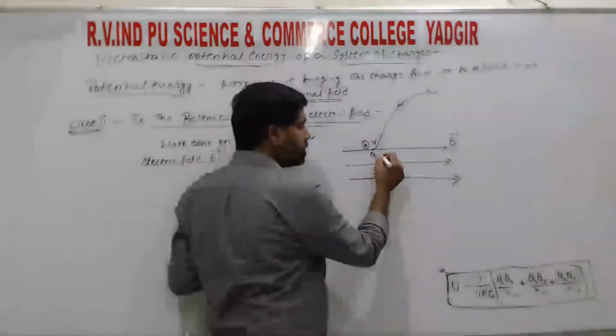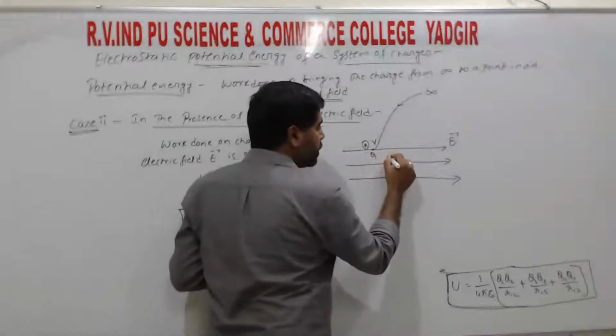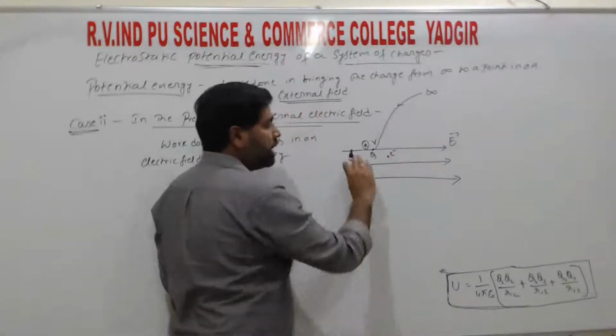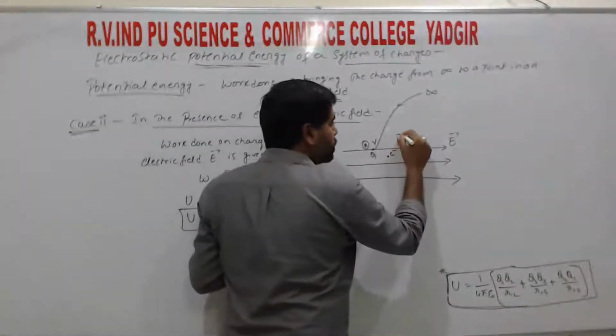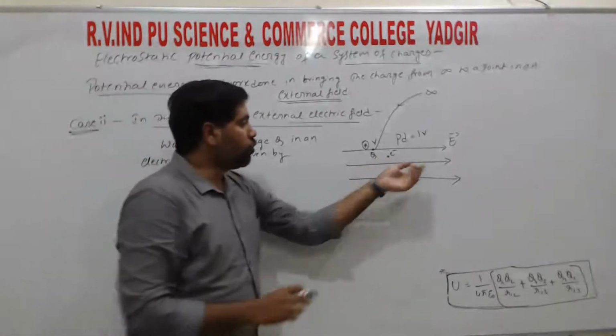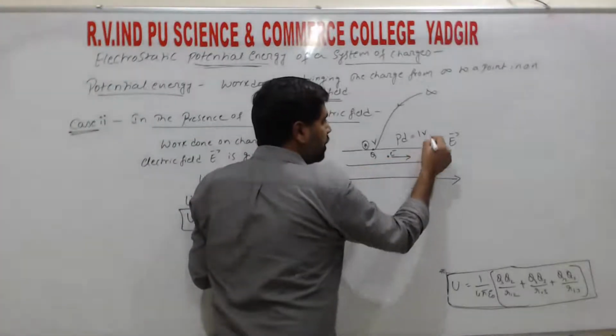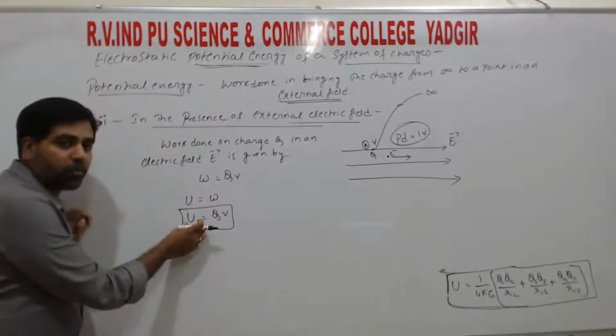Now, the electron is the basic unit of the charge, right? So if the electron is moving, or accelerating, in an electric field with a potential difference of 1 volt, then what about the energy?